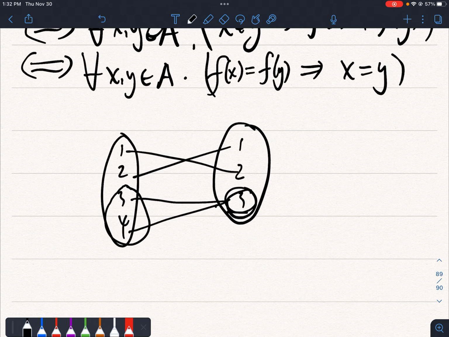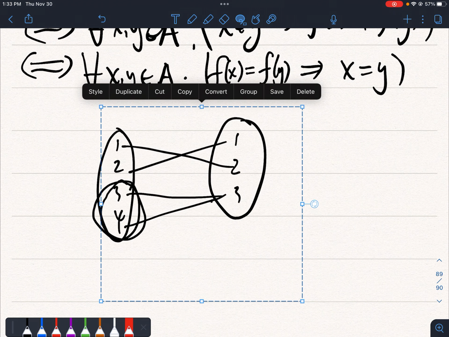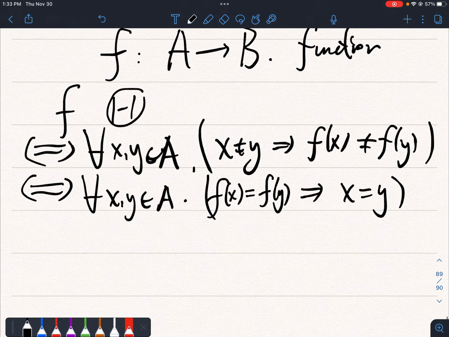For example here, 3 and 4 are mapped to 3. So the value of 3 can be attained by 2 values. But each point here, from 1 to 3, can find some value in A such that it is mapped to this value.